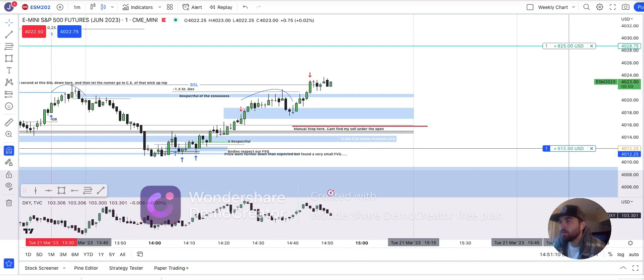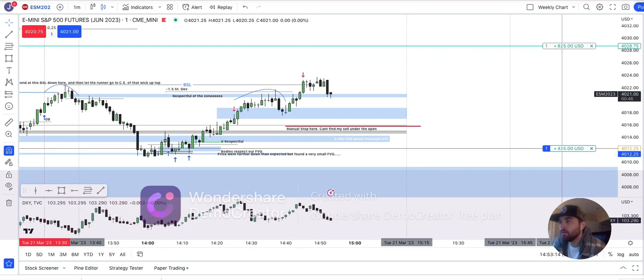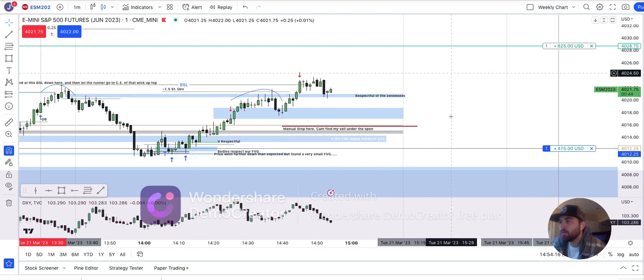Again, looking back at the larger time frame. Look at that. Holds that.